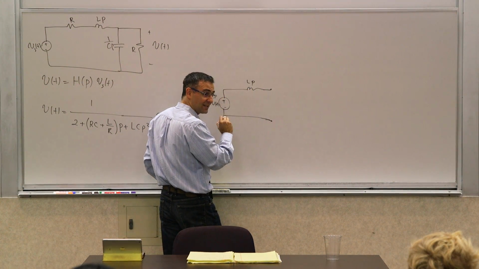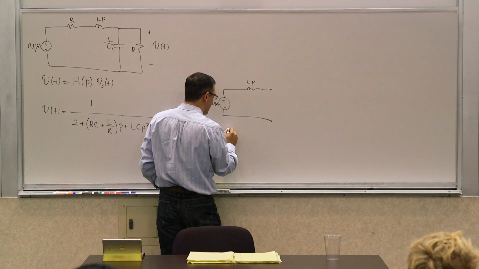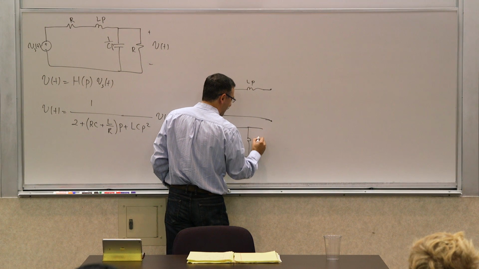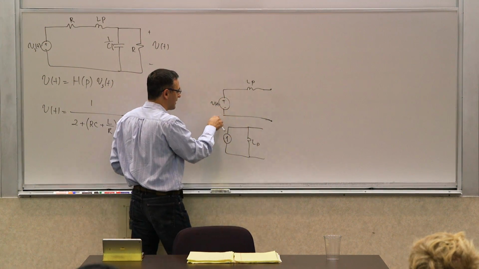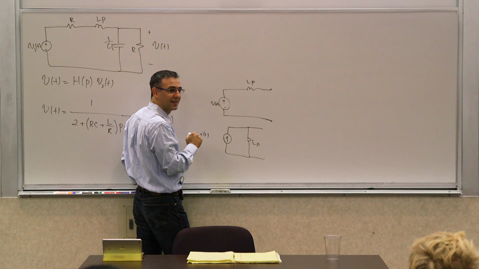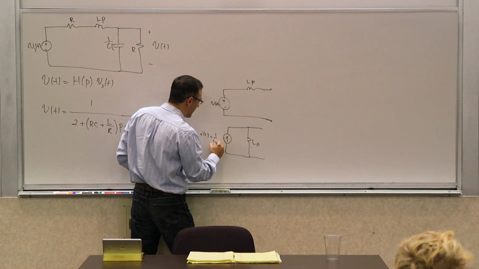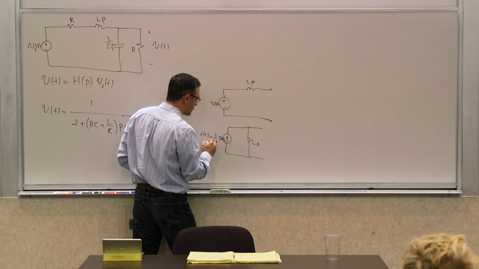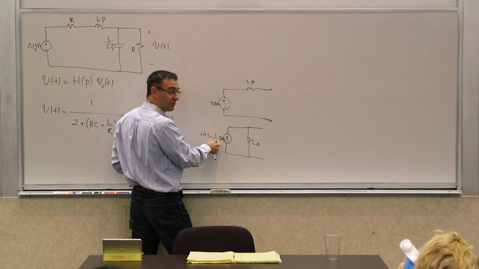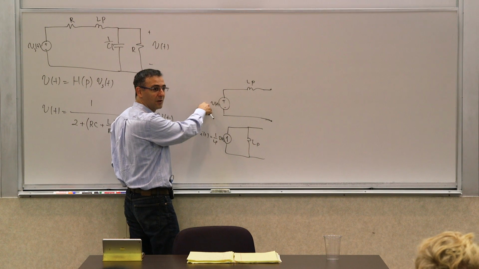If you do this, then your source also needs to have an operator operating on it. So this becomes Lp. But remember, how do you get this current off of that voltage? Now you have to have 1 over Lp operating on V of t. So your input current would be 1 over L times the integral of that voltage.